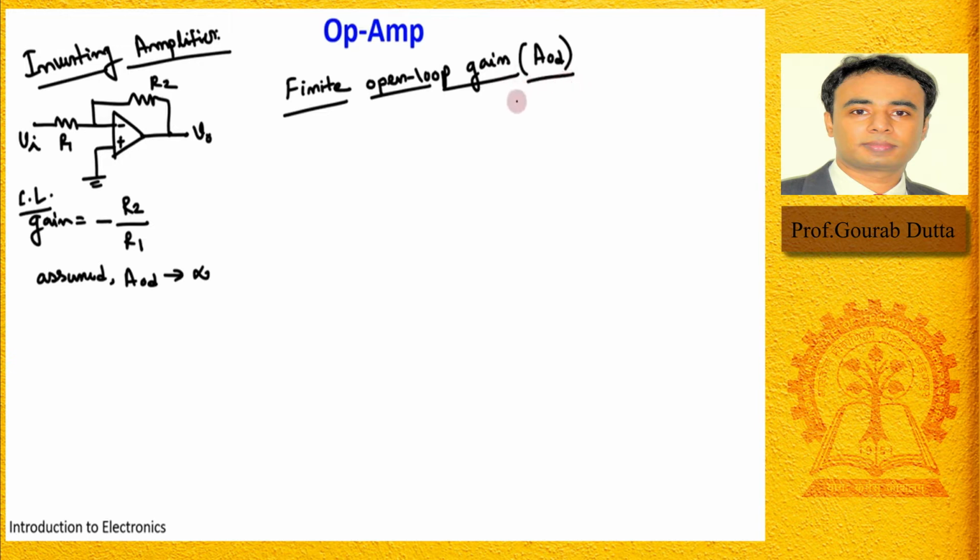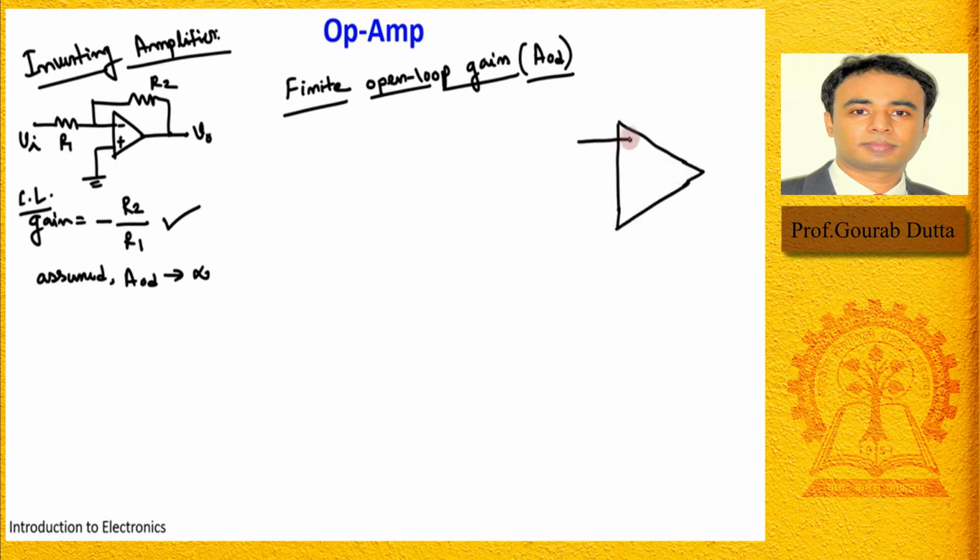If it is a finite open loop gain, then we have to cross check, when we estimate the gain, whether it will come out to be R2 by R1, or how it will deviate from the gain estimated for an ideal op amp. Let us see that here. But before that, I think it will be good if we draw the equivalent circuit of this op amp, for better understanding.